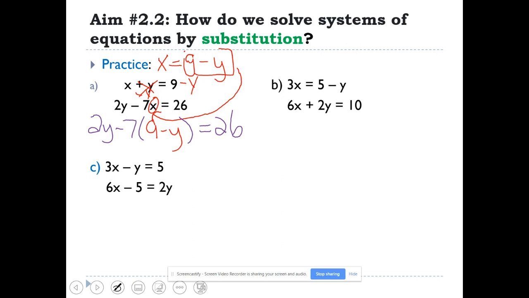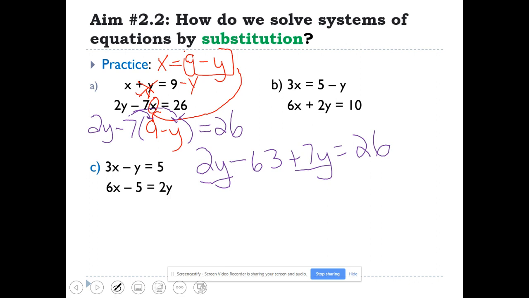I'm going to start with distributing that negative 7 to get rid of the parentheses. That gives us 2y minus 63 plus 7y is equal to 26. These are like terms, so we have 9y minus 63 is equal to 26.